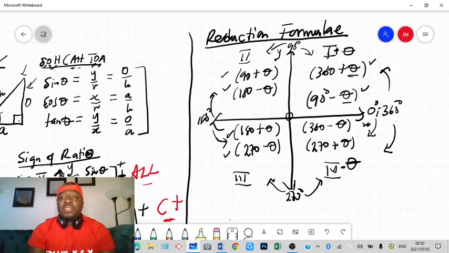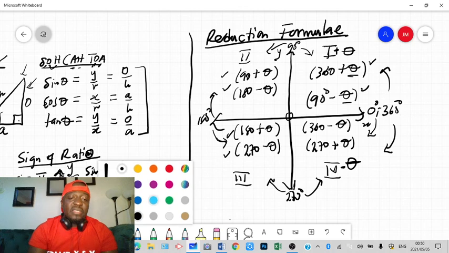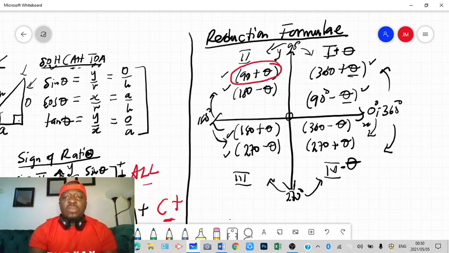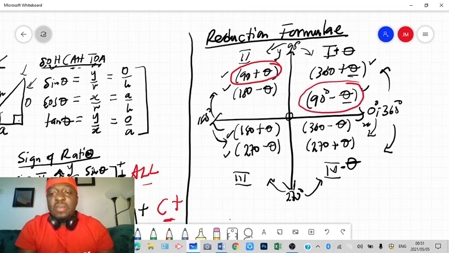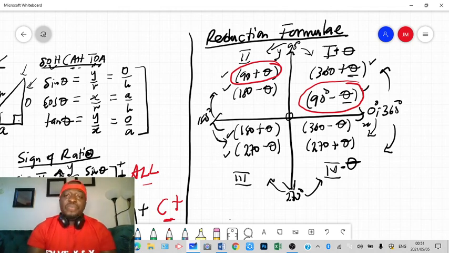You would express all this information in terms of the trig ratios, your sine, your cos, and your tan, except these two, which would differ from the rest. These two here, your 90 plus theta and your 90 minus theta.